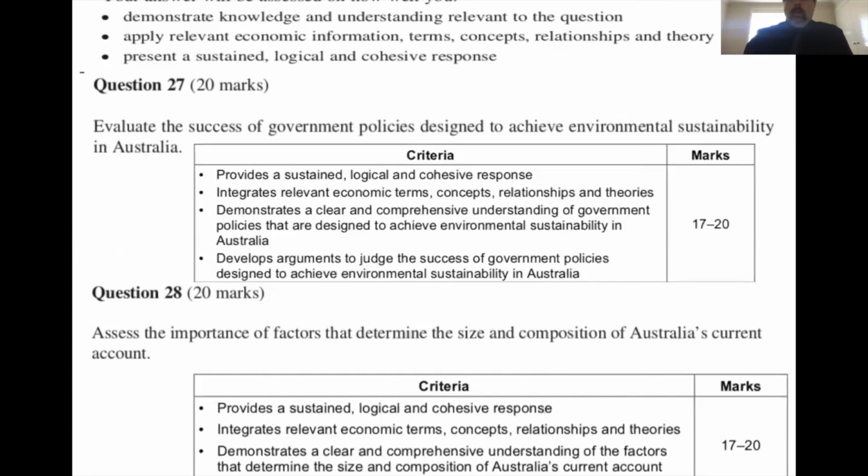We've already stressed the policies in questions 25 and 26, in terms of those summary tables of past questions. They're similar in the sense that we're making a judgment about how effective past government policies have been in helping the environment, and this one is assessing the importance of individual factors. So they're similar types of questions in different topics.